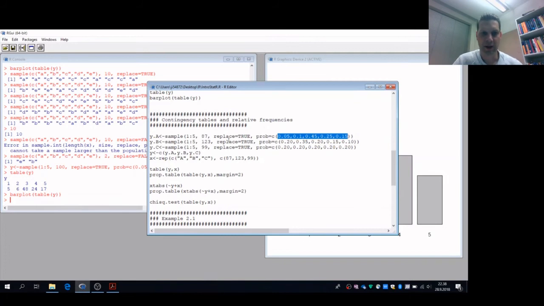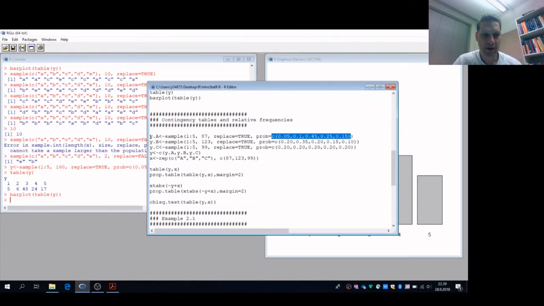Of course, when we make a realization from this distribution, the values we get for the YA vector are not exactly these probabilities, but our relative frequencies estimate these true probabilities. The same applies to population B and the sample YB, and then we have YC.